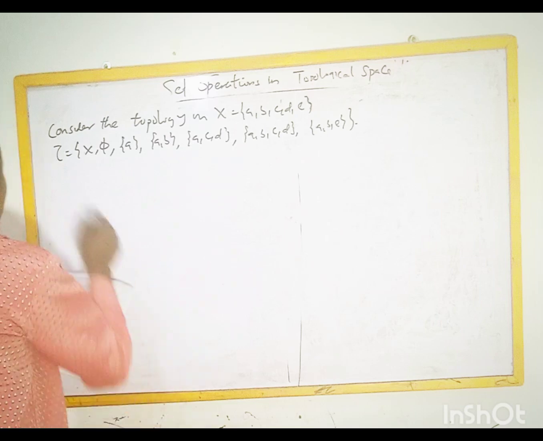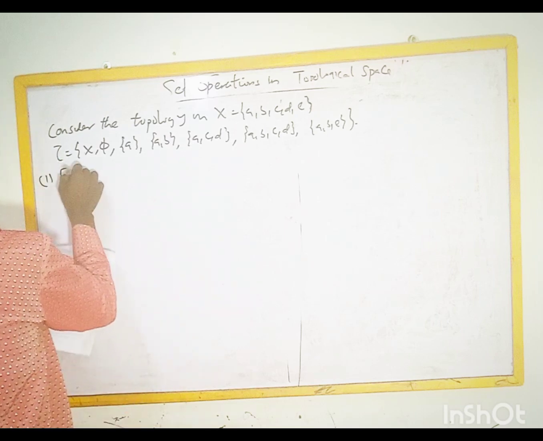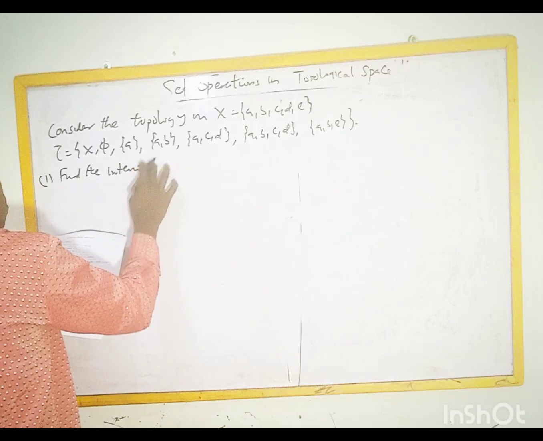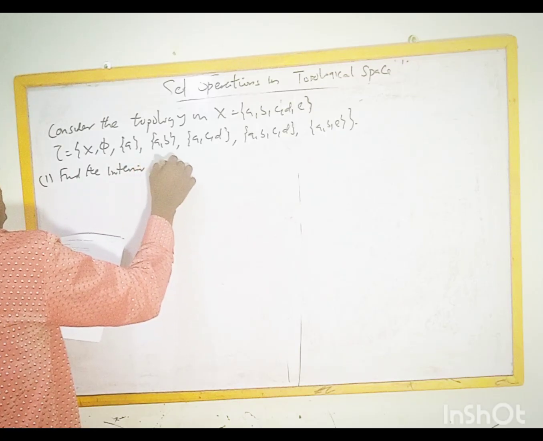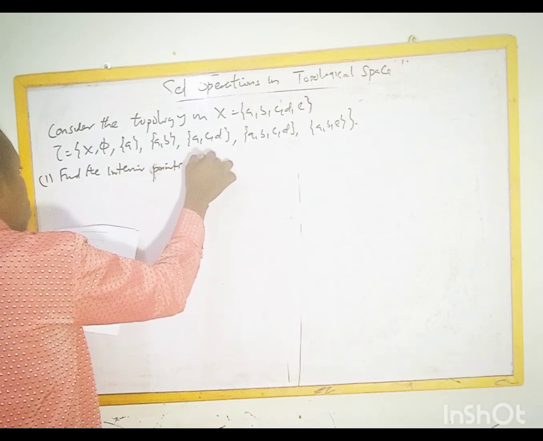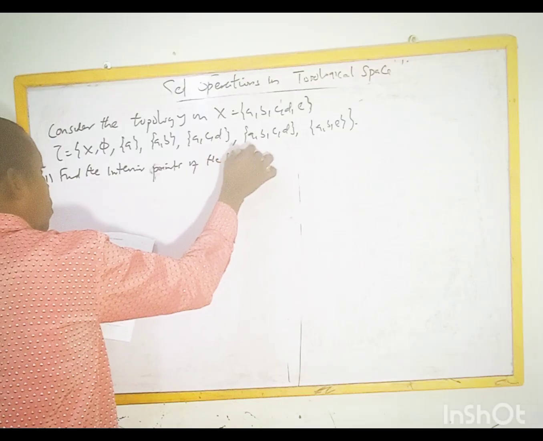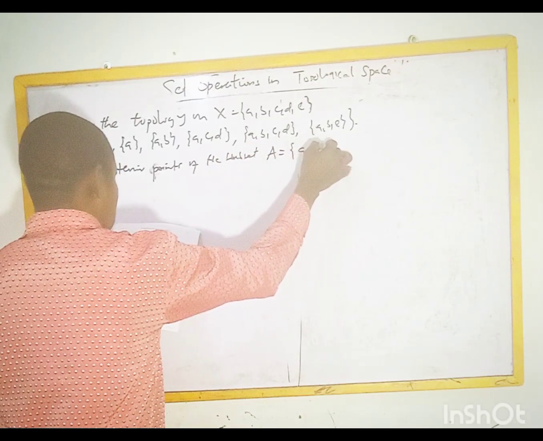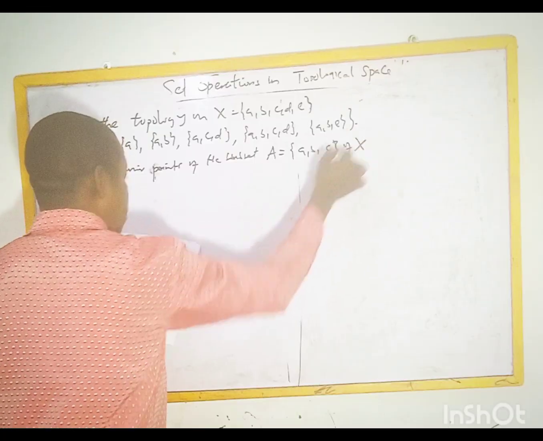Now, one, find the interior points of the subset A, which gives us A, B, C of X.